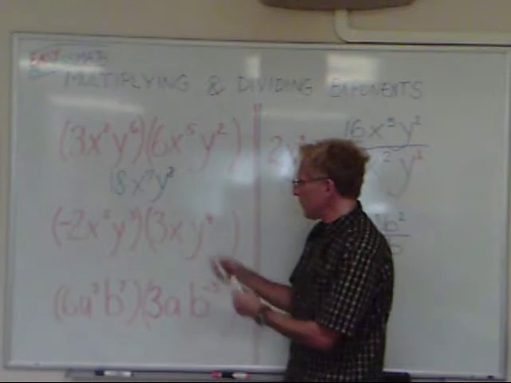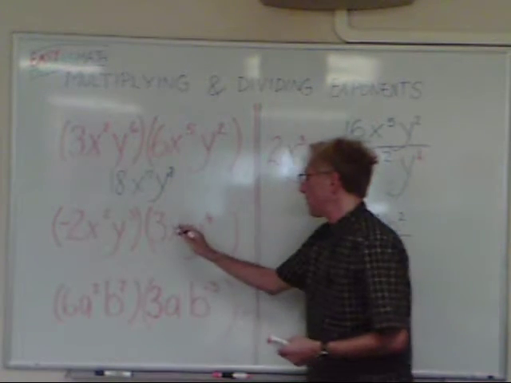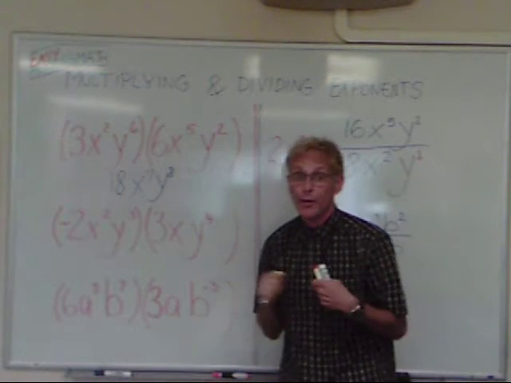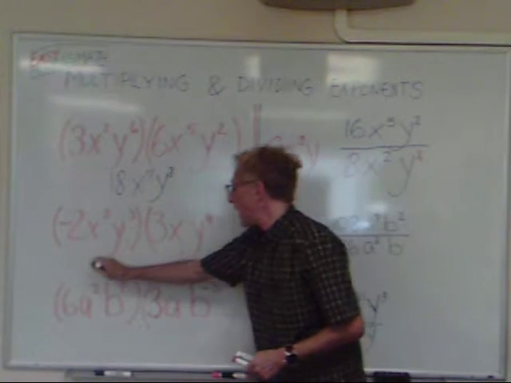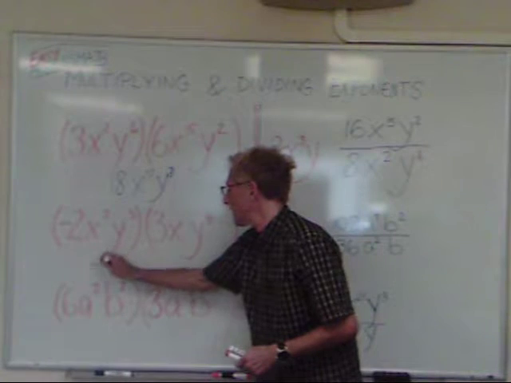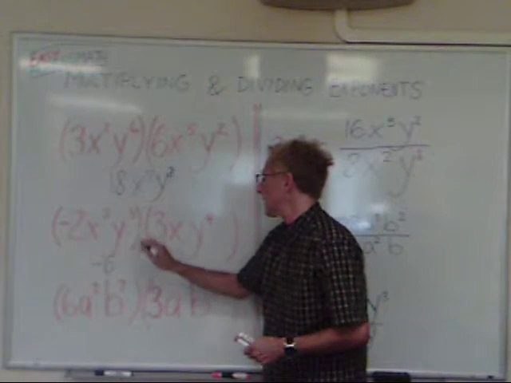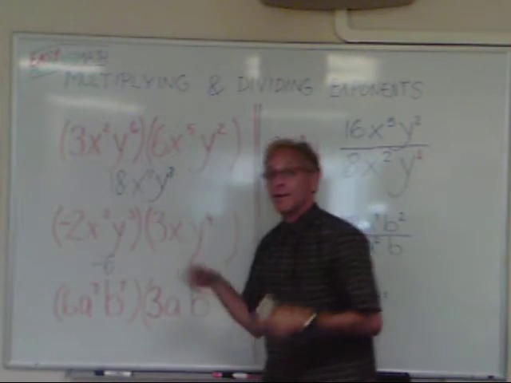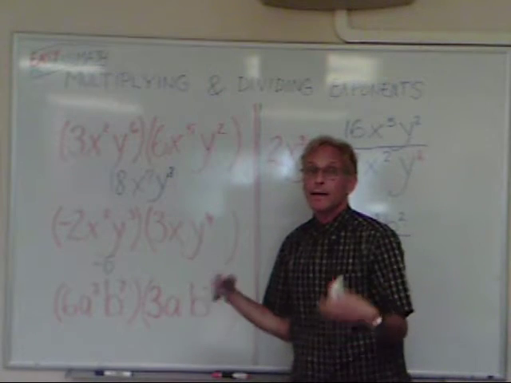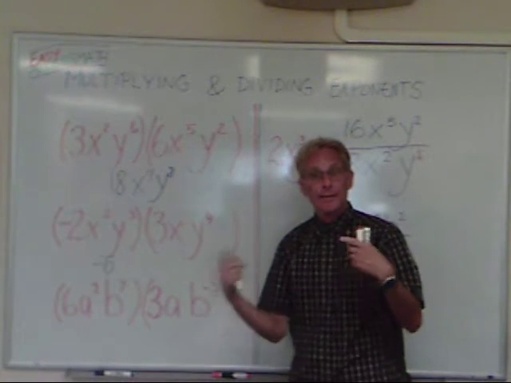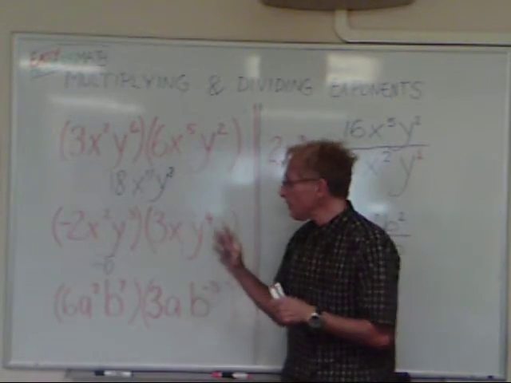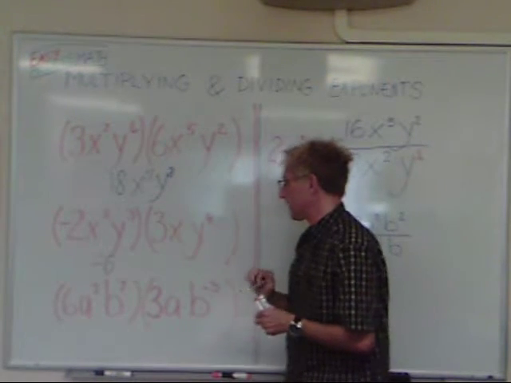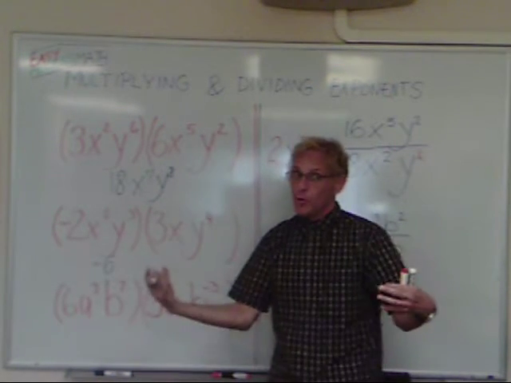We have a negative 2 and a positive 3. We're multiplying those base numbers, and that gives me a negative 6, because the signs are unlike and we're multiplying, and in multiplication, negative and positive is negative. 2 times 3, 6. Our exponents we add.